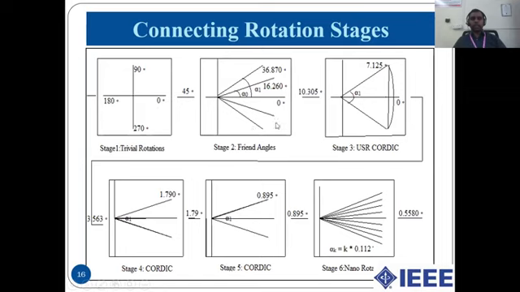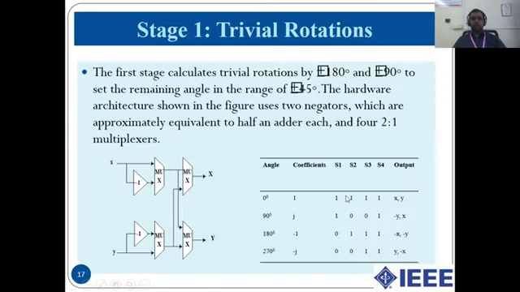And the second stage of CORDIC 2 will be the friend angles, and stage 3 will be USR CORDIC, and stage 4 a normal CORDIC rotation, and stage 5 also constitutes a normal CORDIC rotation, and stage 6 will be the nano rotations. You could see that whenever a particular vector is subjected to all these stages, the final angle will be somewhere around 0.580 degrees.